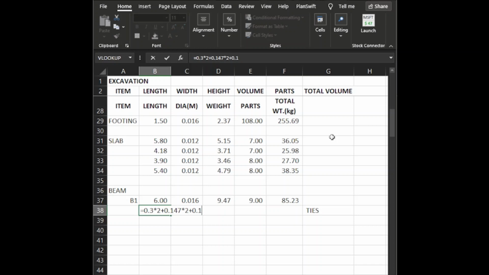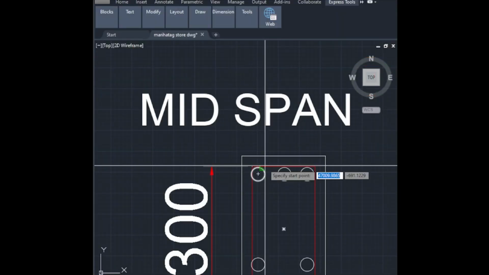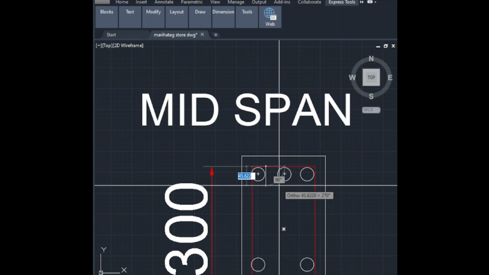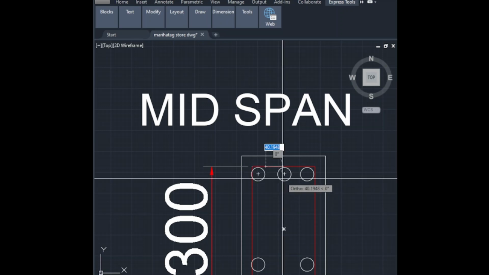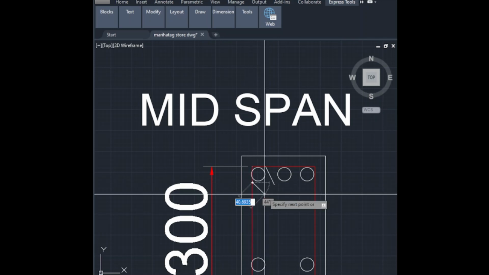I think we will just put 0.1 meter for the additional length, because it is not exactly rectangular. It has a part that will tie to the main bars. It will go here. If we have, it will do like that, guys. Will do like that. This one here also like this.